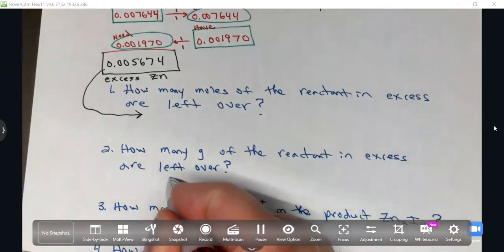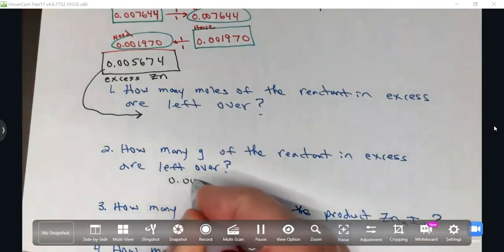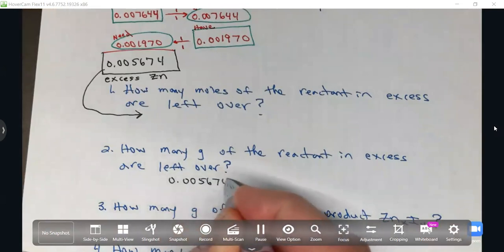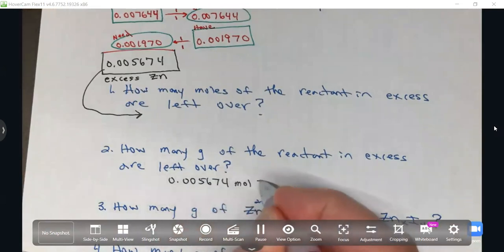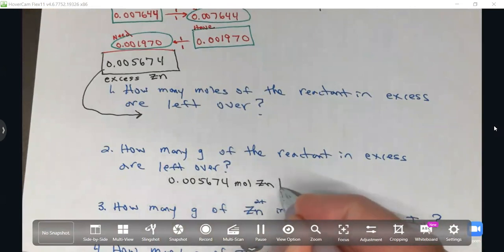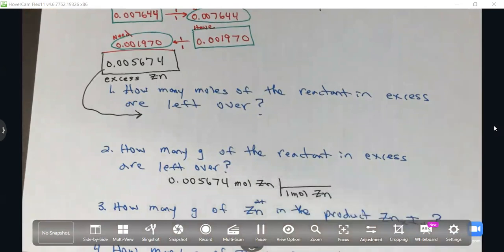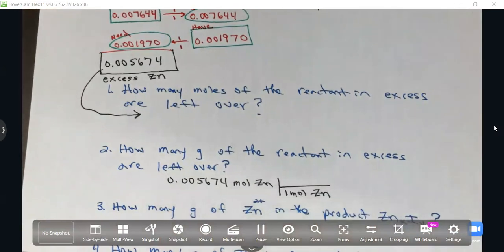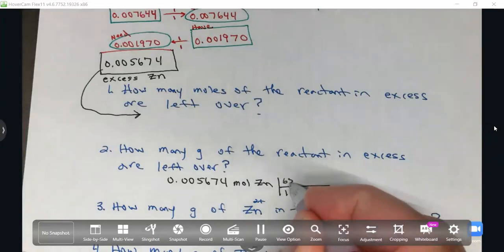So we can just take those moles that we just found. And then 1 mole of zinc is 65.41 grams.